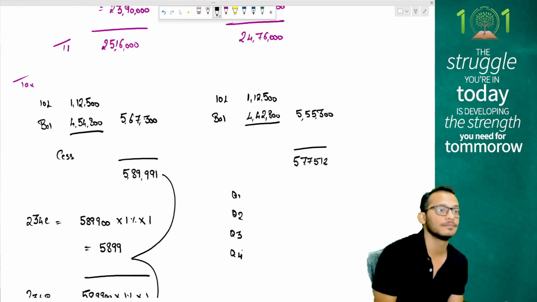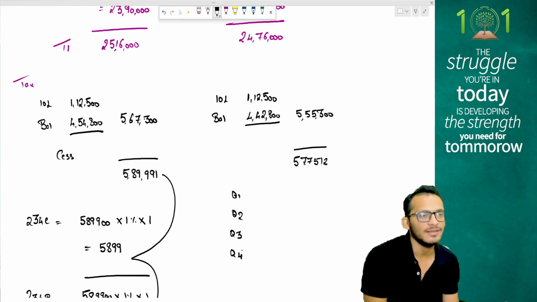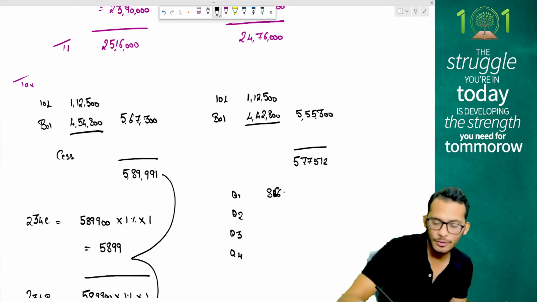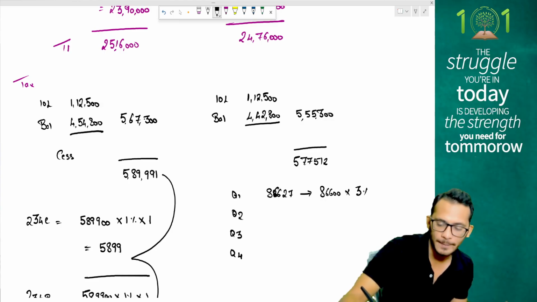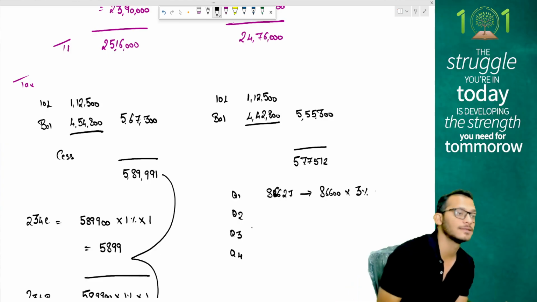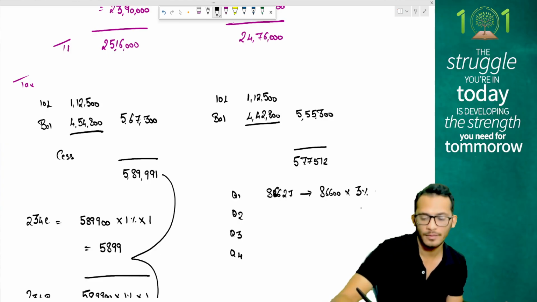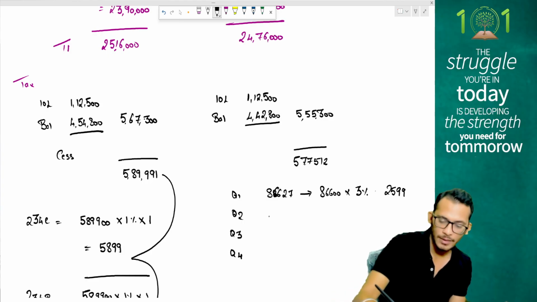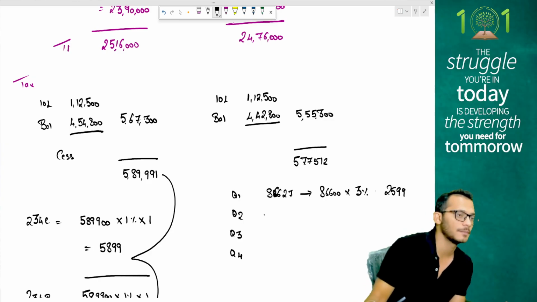People, quarter 1 I have to pay 86627, which will get rounded off to 86600 into 3%. That is 2,598. Okay, then 30%, 45%.